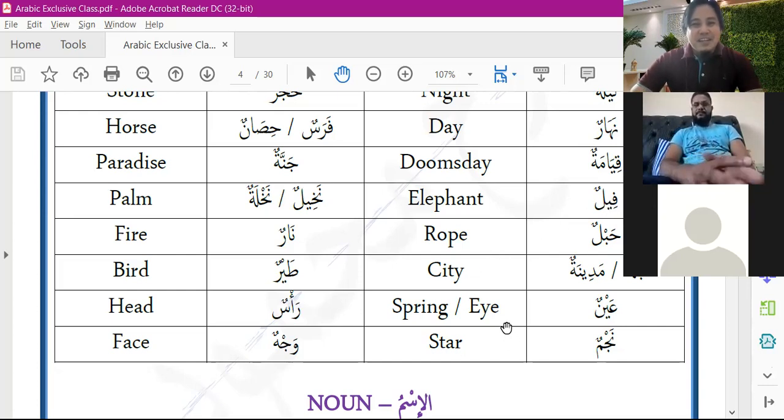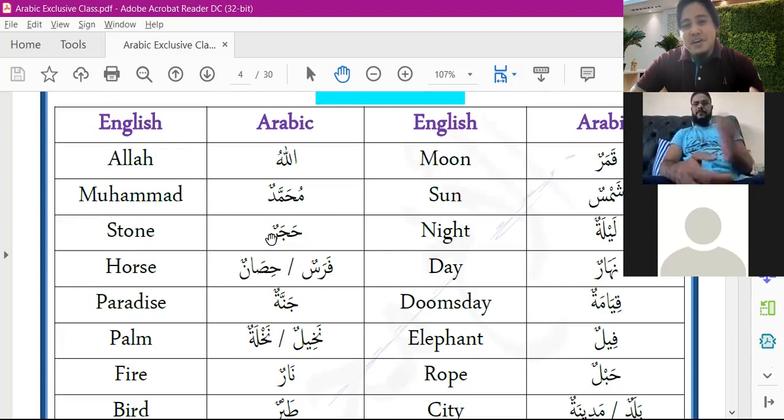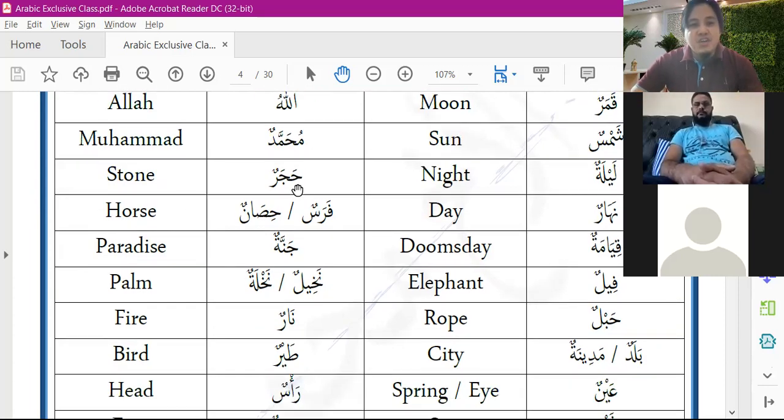Another term for nouns: Allah itself, Muhammad. The names of persons could also belong to the nouns. Name. Hajarun, stone. Faras, horse. Faras we can compare to the knights.